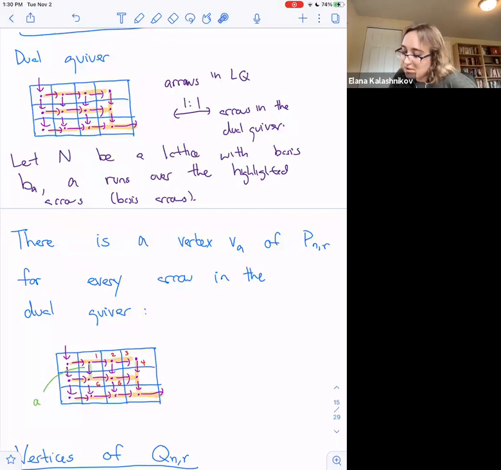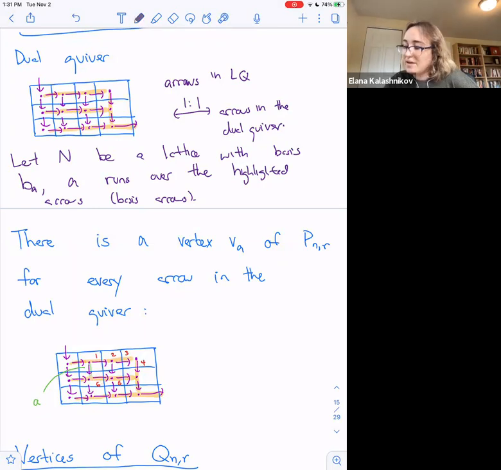For example, this green arrow I've highlighted is an arrow in your quiver. You'll note that you can get this arrow from this vertex to here just by using arrows in the basis, taking the path like this, although you do have to go backwards along these two arrows.